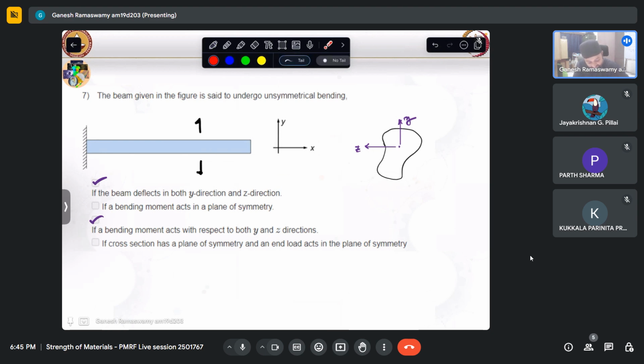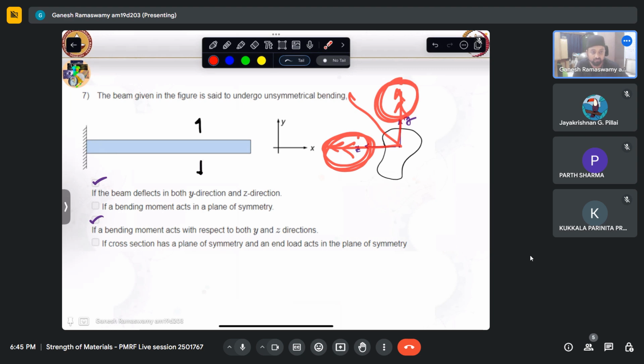Unsymmetrical bending is actually just an extension or a more general case of the flexure that we have seen so far. So instead of one axis, so far we have been seeing beams like these where we will be having a moment with its axis parallel to the z-axis. Now, in addition to that, if I were to have this, then naturally, by virtue of this moment, it will have some deflection, and by virtue of this, it will have some other deflection.